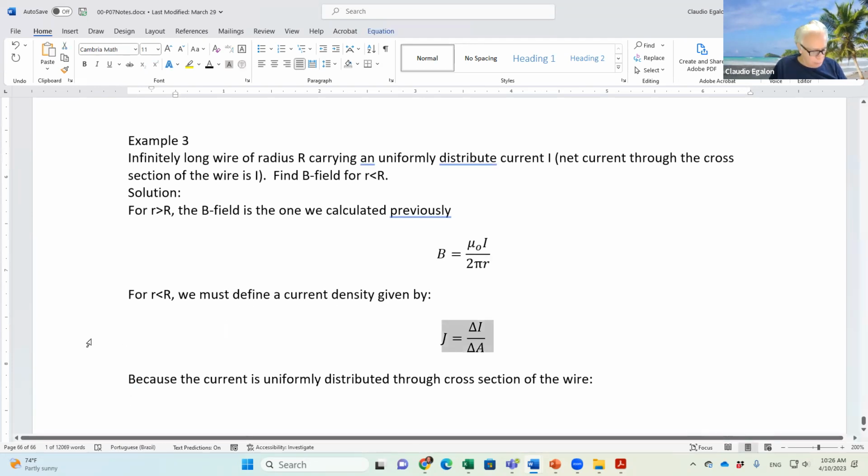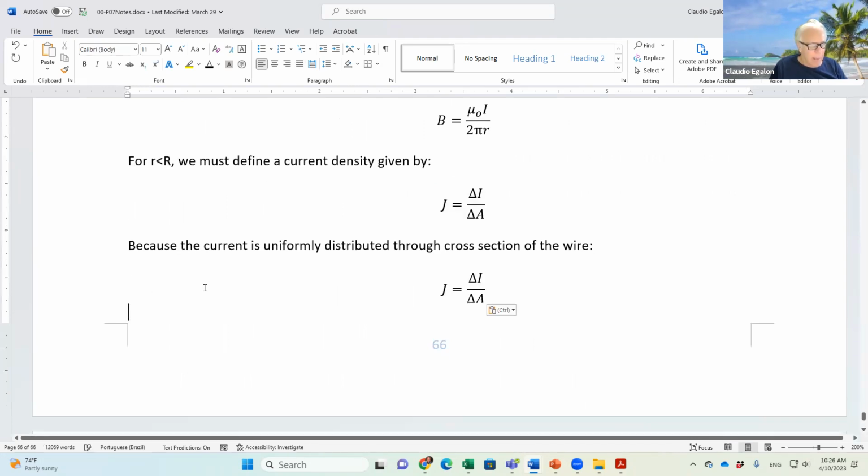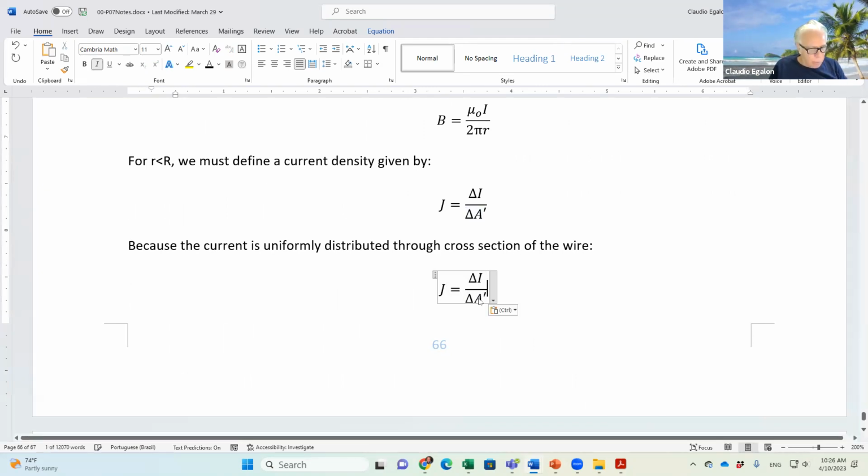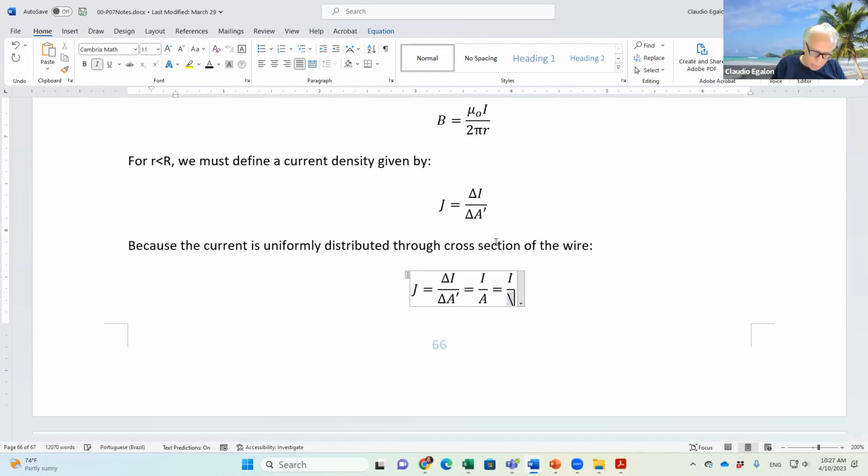This J can also be written, and by the way, I'm going to put A prime here, as the net current divided by the net area of the wire. The net current is I, given by the problem. The net area is going to be pi capital R squared.